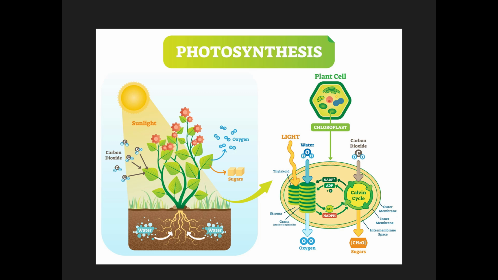And photosynthesis is talked about in general biology as a combination of two pathways, one which is referred to as the light reactions of photosynthesis, where light and water go into the plant cell and oxygen is released, and the electrons and ATP generated in the light-dependent reactions move into the dark reactions or the light-independent reactions, where carbon dioxide is converted to a sugar using the ATP and the electrons generated in the light-dependent reactions.